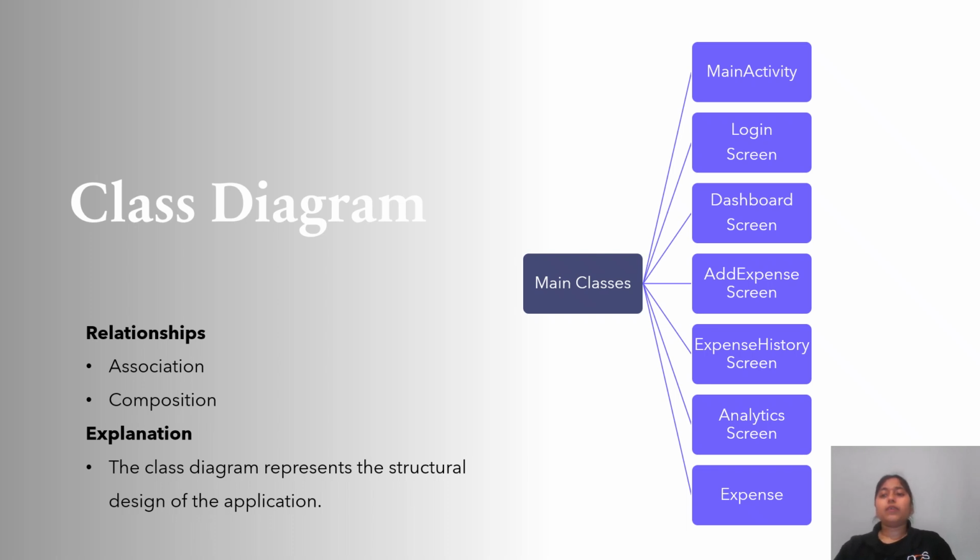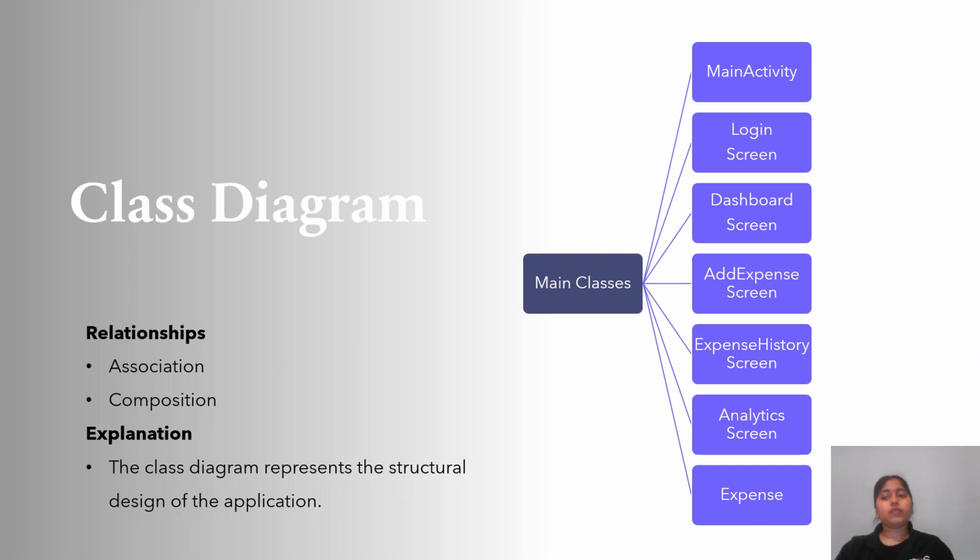The class diagram represents the structural design of the Personal Expenses Tracker application. It visually explains how different classes are connected, how data flows through the system, and how application components interact with each other.